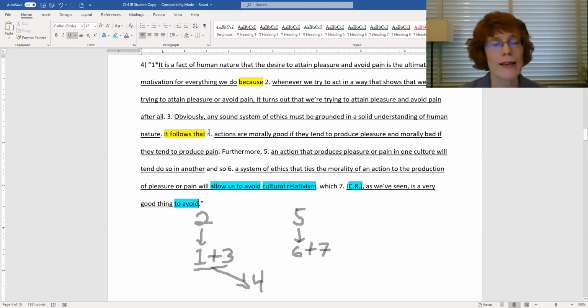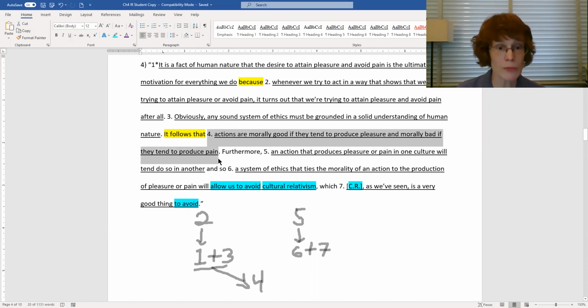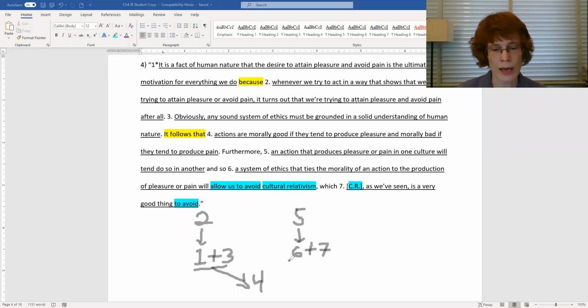In other words, it's a very good thing to accept an ethical theory as it is described in claim 4. So if you saw that, pat yourself on the back. There we have it. Good deal.